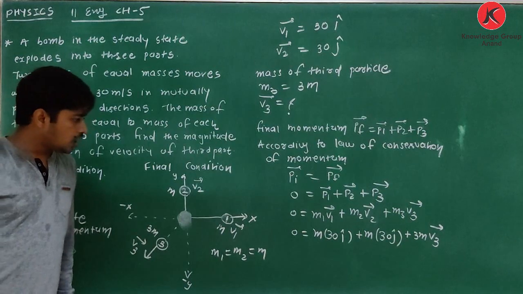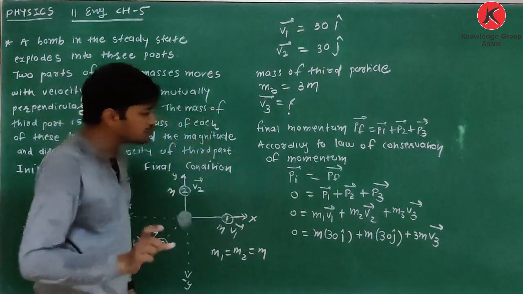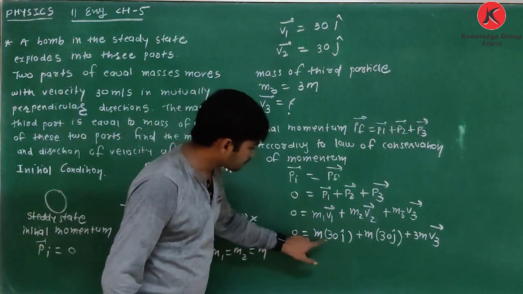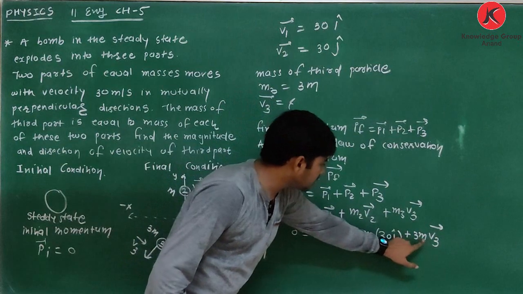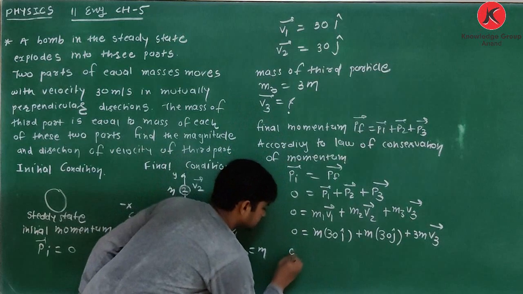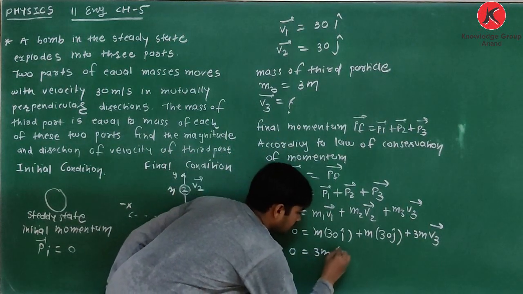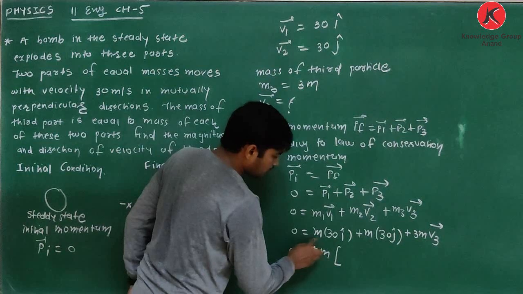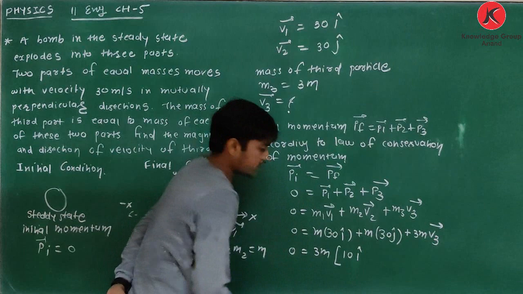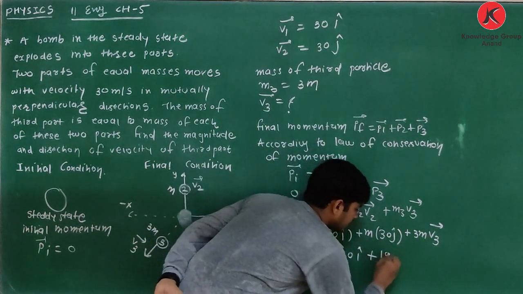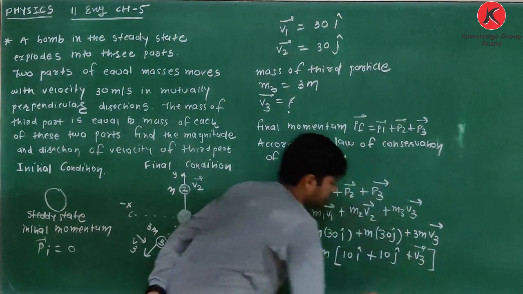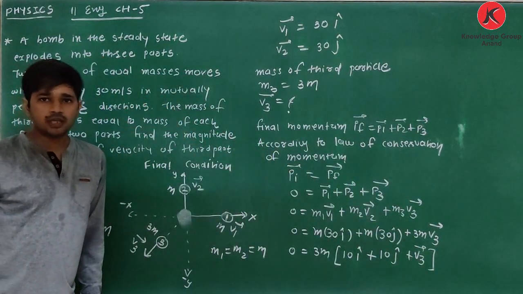Clear about this? Now, how to simplify this? Here it is 3m common. Then I can write this equation as 0 is equal to 3m common, and in the bracket we have 10 i caret plus 10 j caret plus v3.